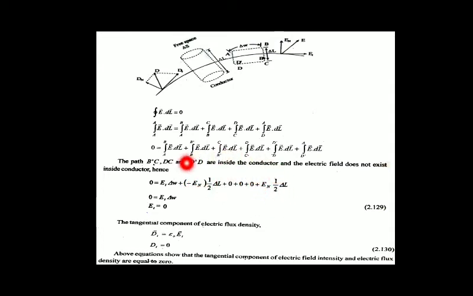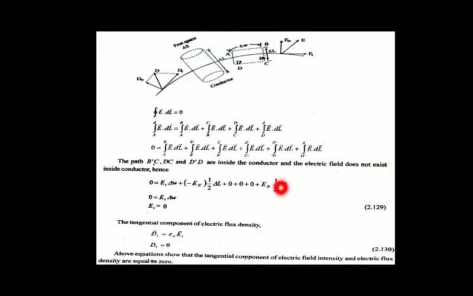Both are the same, and the magnitude is the same but the direction is opposite, so both terms cancel out. The remaining term is Et del W, so Et equal to 0.